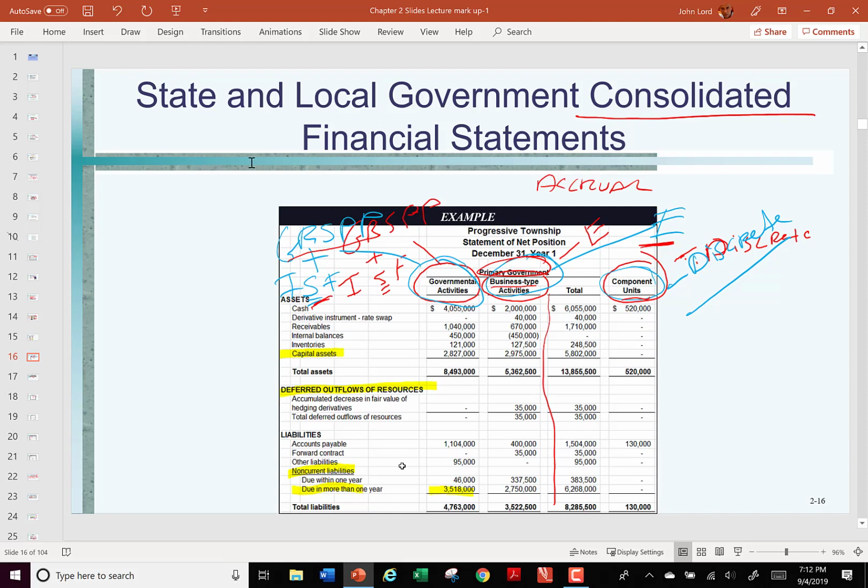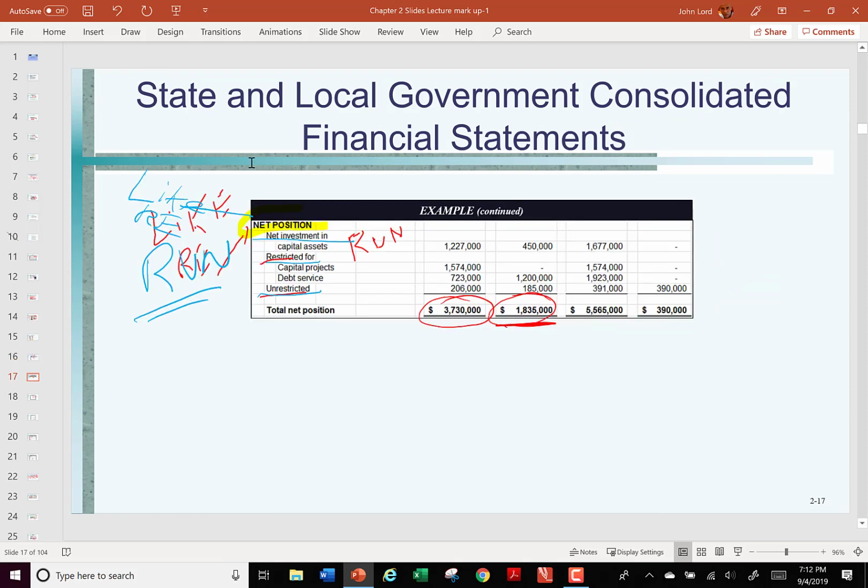Okay, now we have both current and non-current assets. Right, 8,493,000, whatever. We have our liabilities, both current and non-current, totals 4,763,000. And then notice when we get down to our net position, it is like our retained earnings. But we don't report the sum of the liabilities in the net position like you would in a commercial balance sheet.